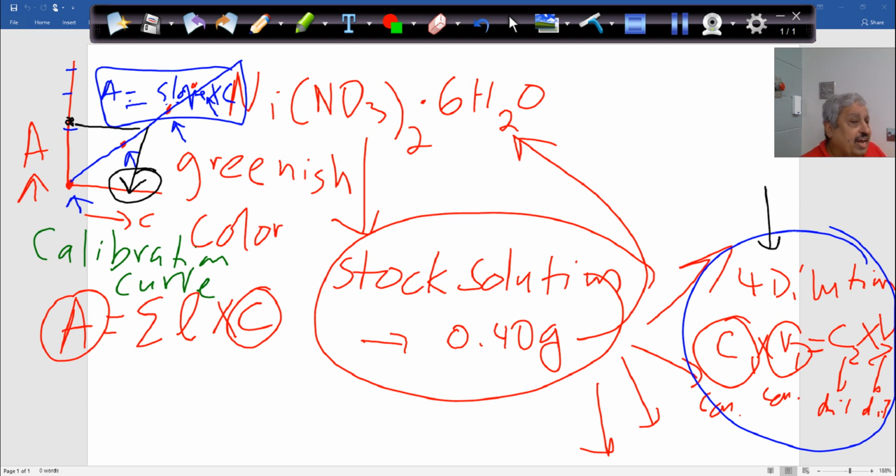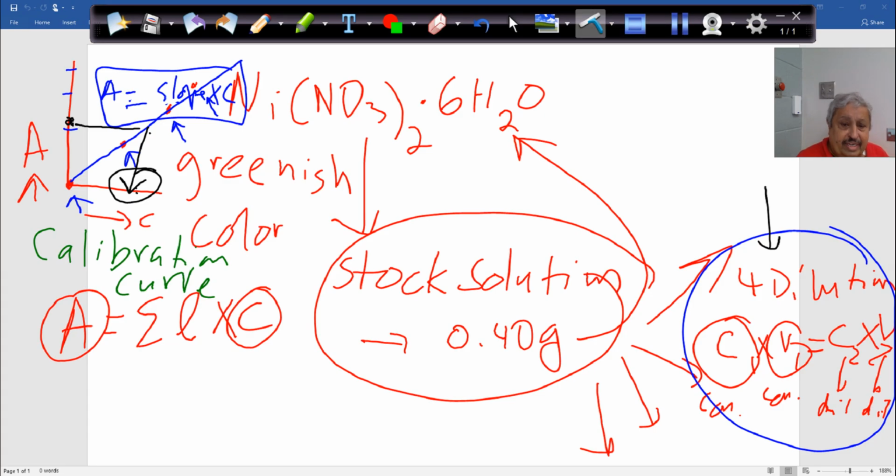After running everything, I will run the absorbance of this unknown, plug it into this curve, and determine the concentration of this unknown. That's the whole experiment. Okay, guys? Now I want to go through the procedure step by step.